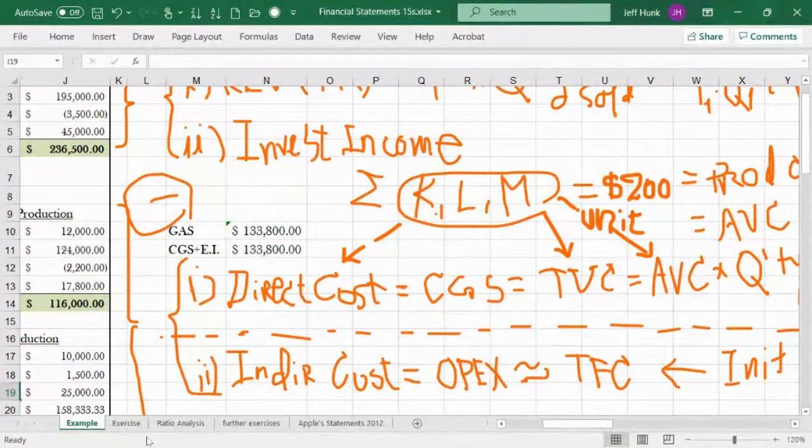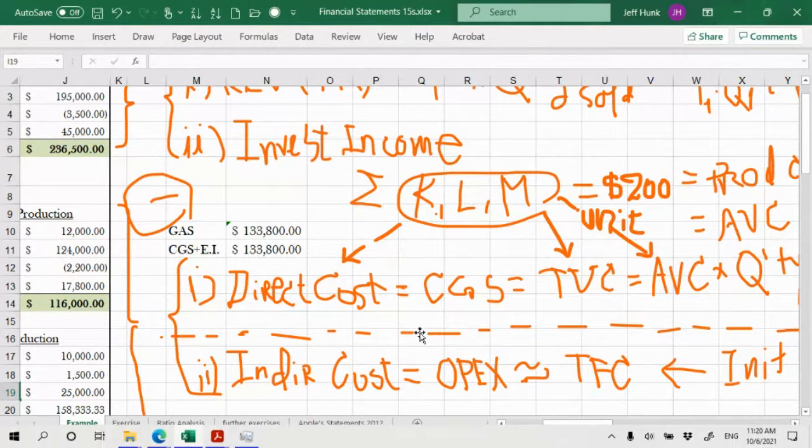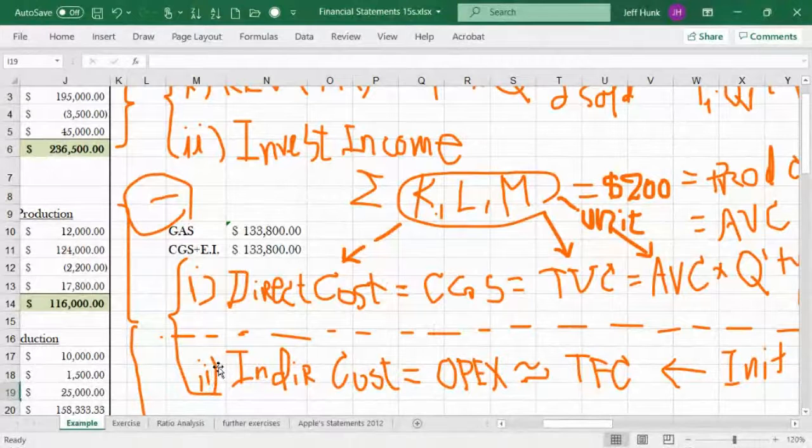Now think about it. The total direct cost means the total of that. If you just build one computer, then your direct cost is $200. Isn't that right? But if you built 10 computers, then your direct cost is $2,000. It's 200 times 10, right?